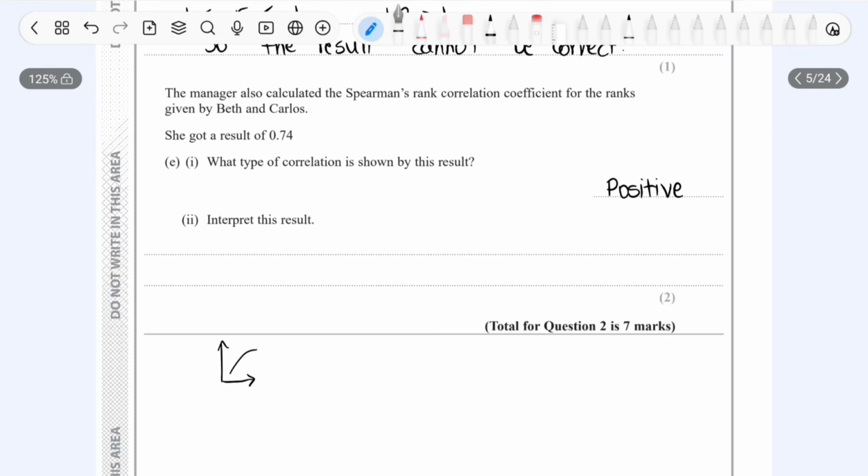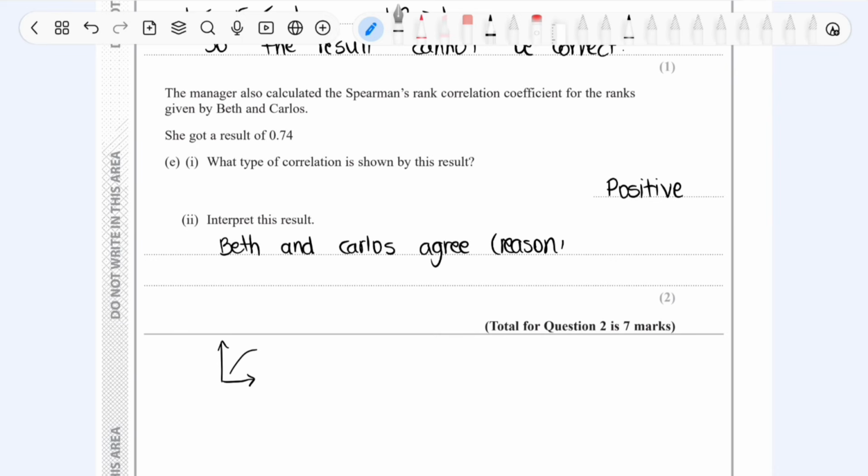So if they're ranking books kind of similarly, we could say that Beth and Carlos agree, and then probably reasonably, with each other.